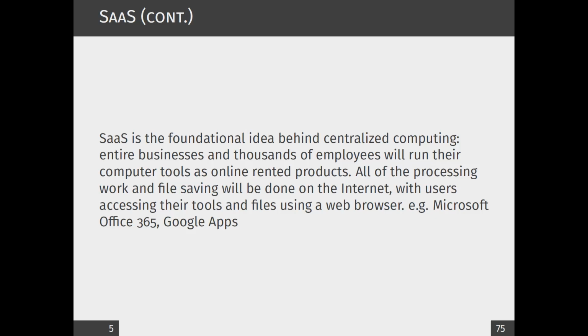Mostly these are rented products, so everything will be done on the internet. And as I told you earlier, what you need is a browser and internet connectivity. For example, Microsoft 365 and Google Apps are examples where the majority of users are using.